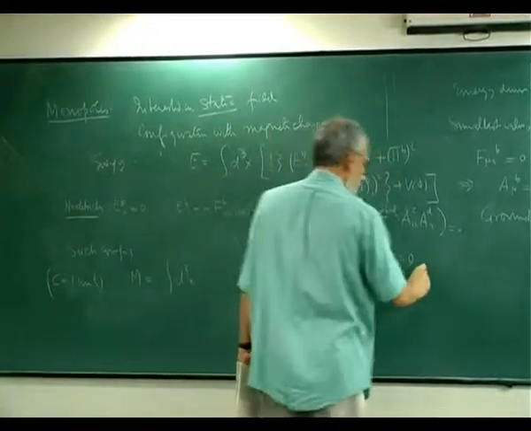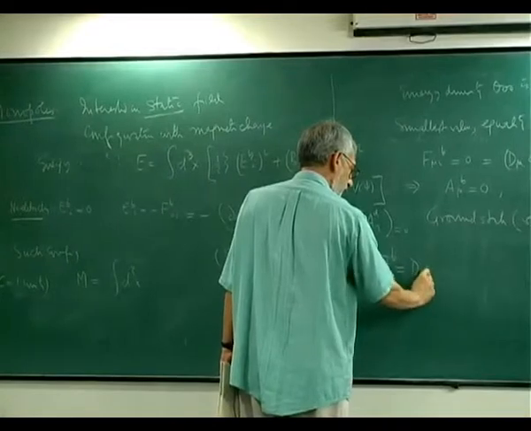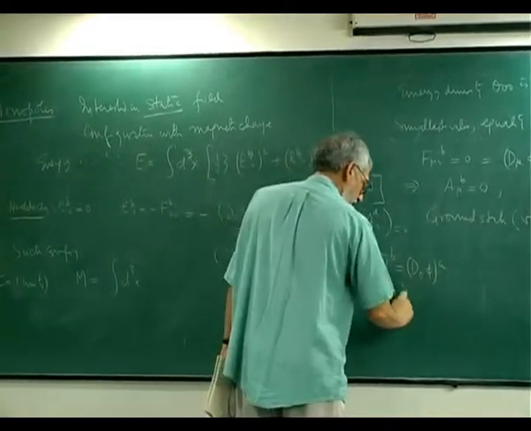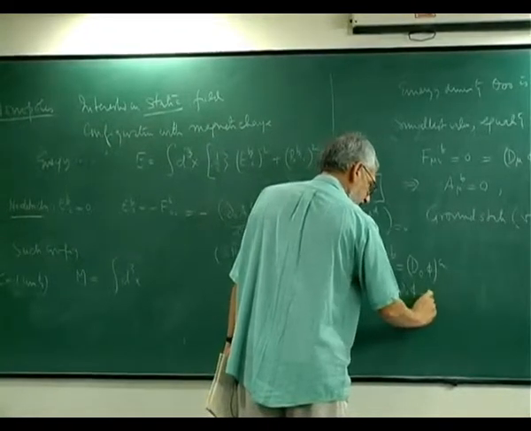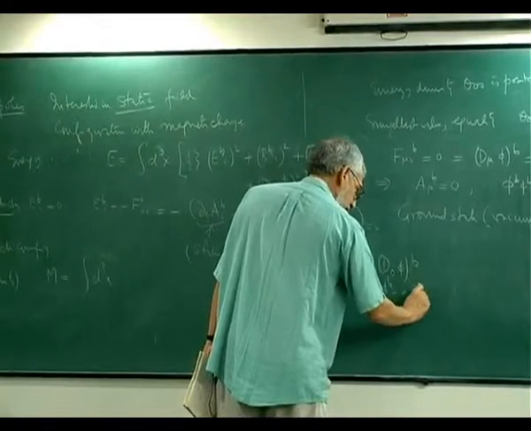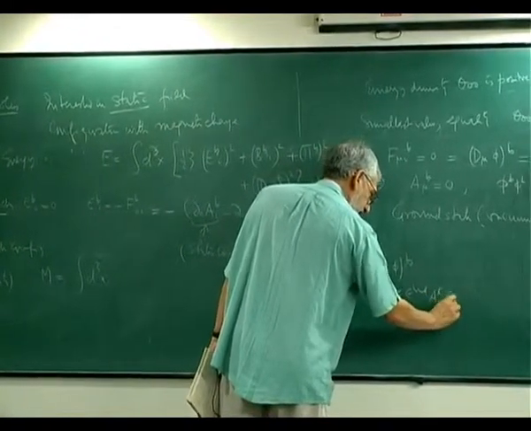Now what is pi? Pi was the time derivative of phi, the covariant derivative, that is D_0 phi^B equals d_0 phi^B plus epsilon^{BCD} A_0^C phi^D.